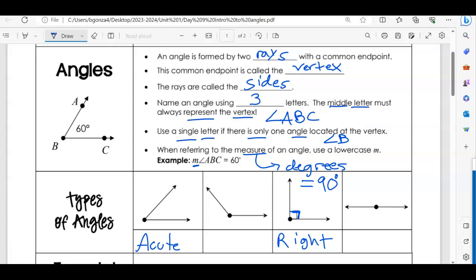So acute is less than 90 degrees. All right, now the big one, bigger than 90, it's very wide. The word sounds big, obtuse. If you have an obtuse angle, instead of being less than 90, this one's going to be greater than 90.